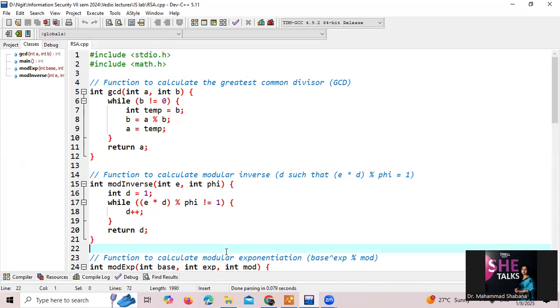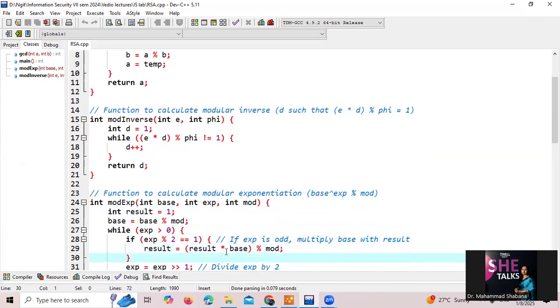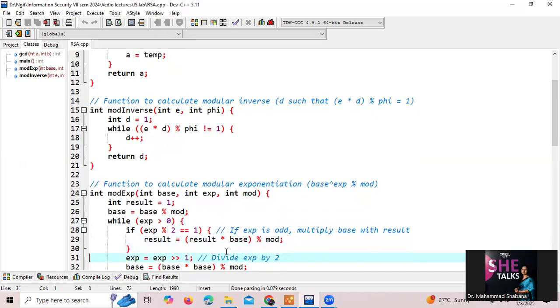Let us look at the modular exponentiation function. This computes base, exponent, and mod. It uses the exponentiation by squaring method to reduce the number of multiplications.